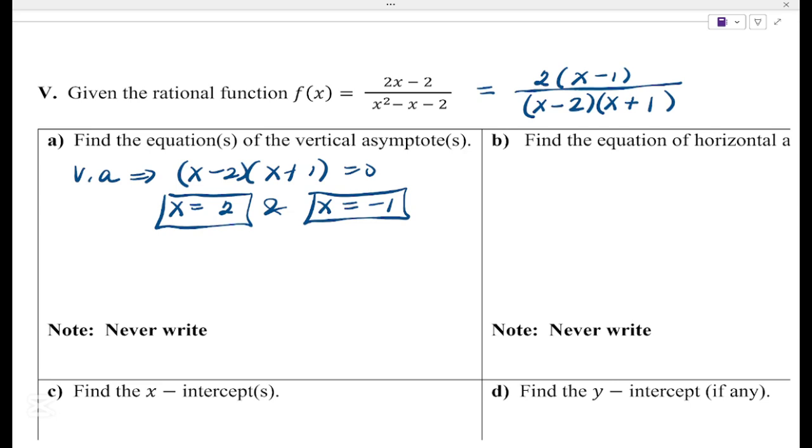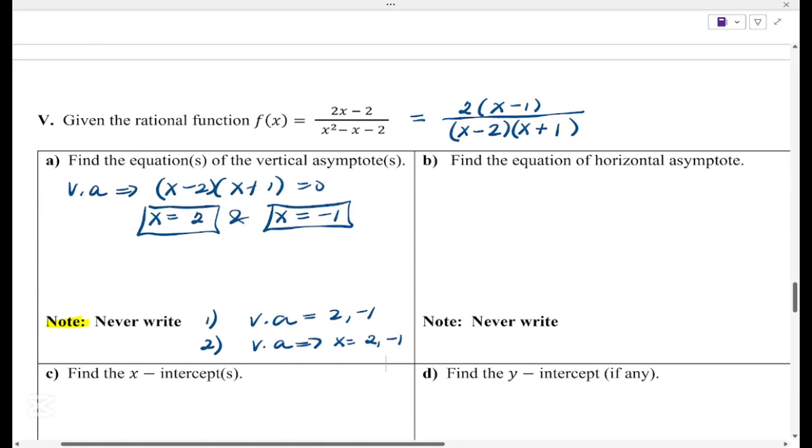Take note, you have to write the vertical asymptotes as separate equations. In writing the vertical asymptotes, do not write the following. For example, sometimes students write that the vertical asymptotes are 2 and minus 1. Never write it this way. Another one is sometimes students write the vertical asymptotes as x equal to 2 and minus 1. Do not write the equations of two vertical asymptotes in this way. So these two are not correct.